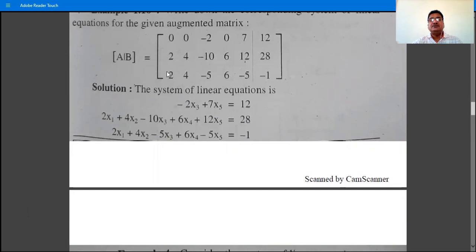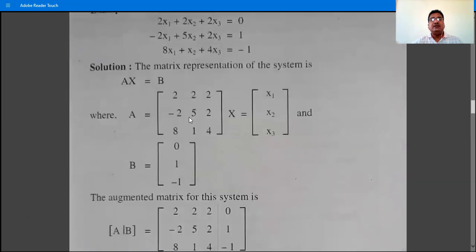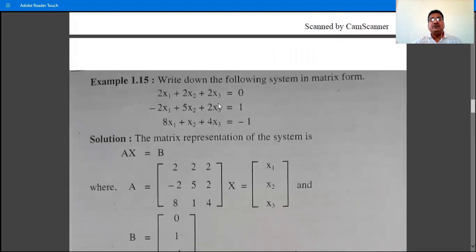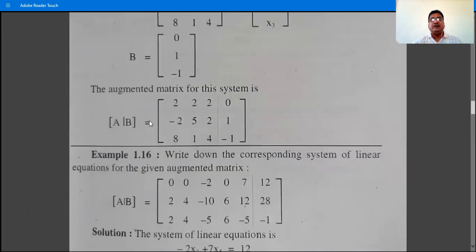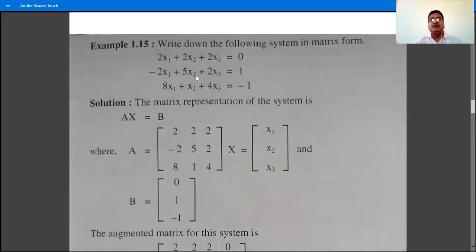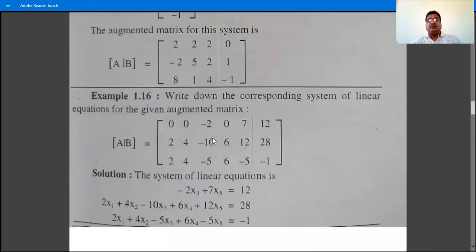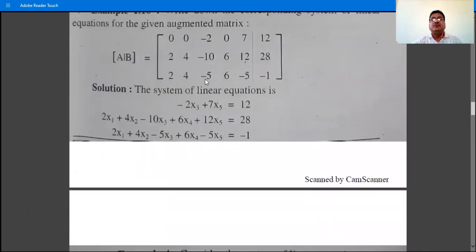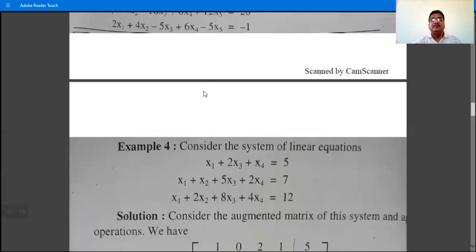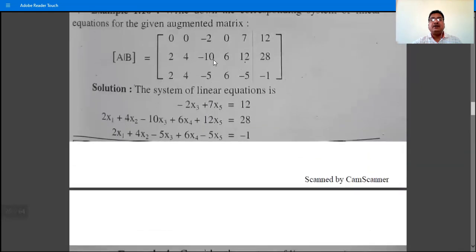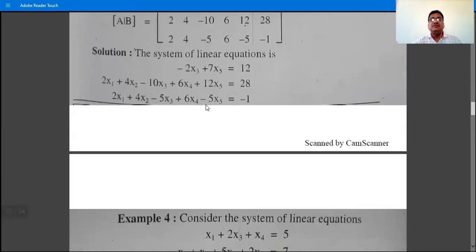Then the third equation is 2x1 plus 4x2 minus 5x3 plus 6x4 minus 5x5 is equal to minus 1. So from the equations we can write the augmented matrix, and from the augmented matrix we can write the system of linear equations.